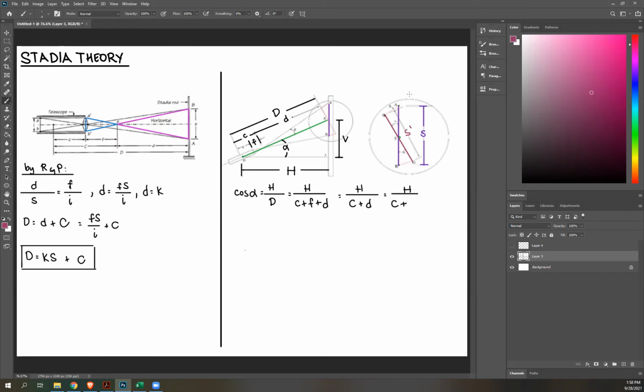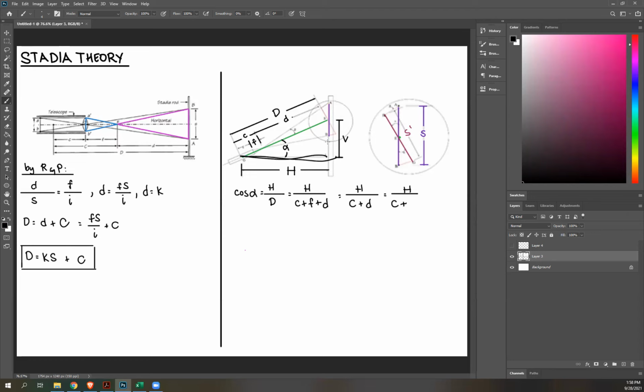Now I need to get the relationship between S and S prime. And in order to do that, I'm going to create another right triangle. So looking here, this is alpha because of the theorem on perpendicular angles. So this is alpha. These two are also alpha. This is also alpha, and this is also alpha. Why? Perpendicular angles.